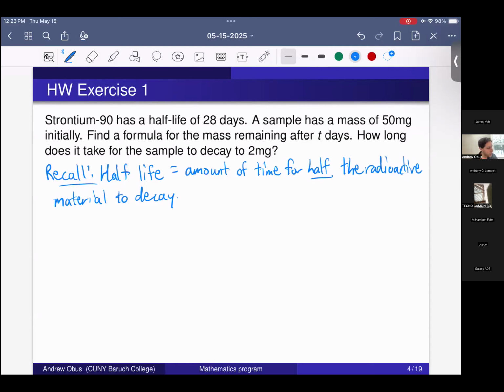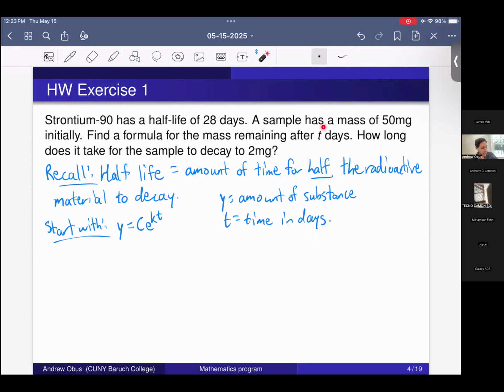So we're always going to start with the general equation, which is y equals c e to the kt. And here y equals the amount of substance and t equals time in days, right?